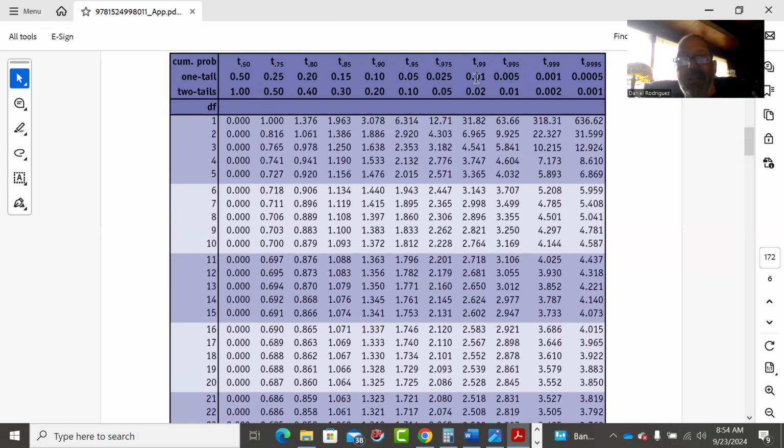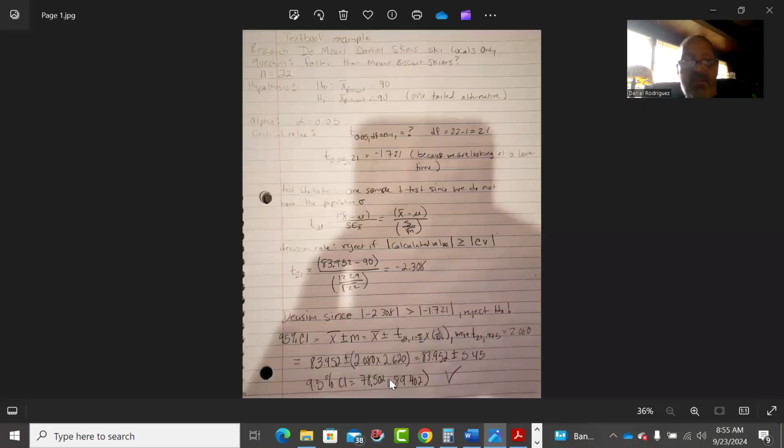Because at the right end of the distribution, it's the upper 0.025 or 2.5%, and in the lower end, it would also be the lower 2.5%. Together, they would equal 5%. So here we have two-tail, 21 degrees of freedom. It's 2.080. So you have to change it in this case. Right, 2.080, and that's what we use right here.